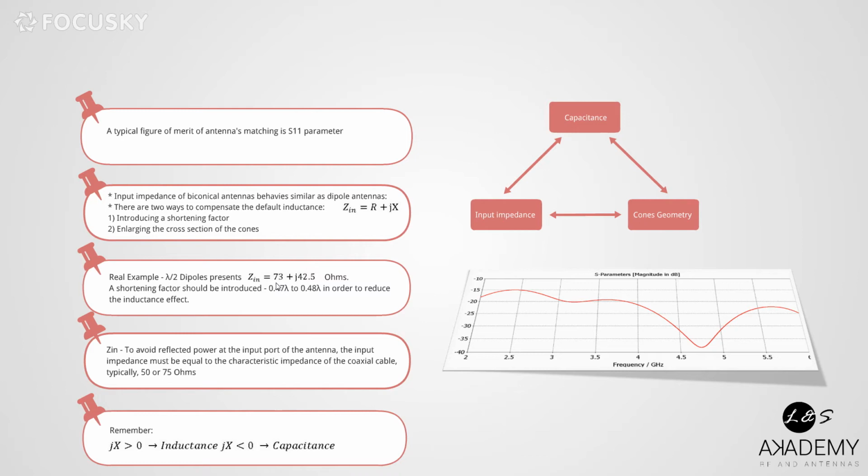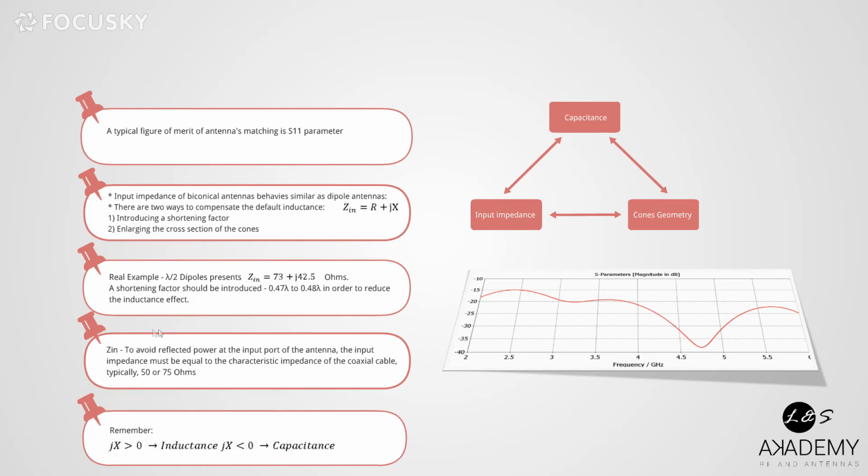And why do we want to reduce this part, and why do we want to get this value? Well, basically because the cable which feeds our antenna will present a real input impedance, which should be equal to this real value.